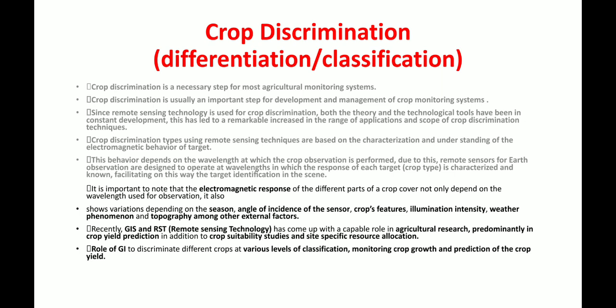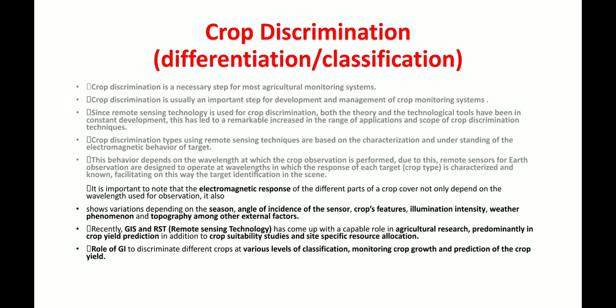meaning whatever radiation is available from the sun, which will be reflected back towards the atmosphere. That is the specific angle of incidence of the incoming radiation which reaches the crop bodies.